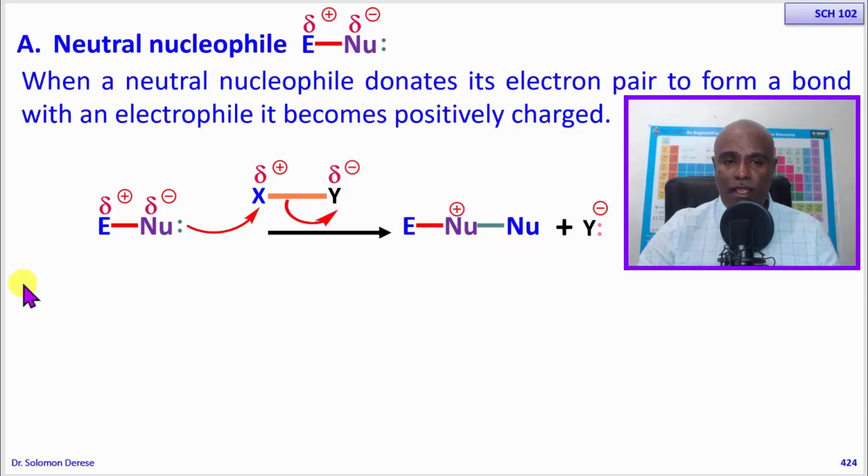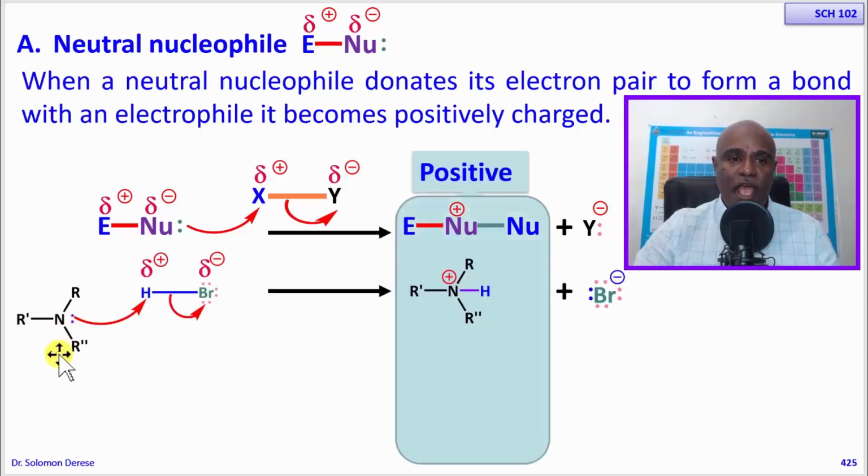Let me give you an example. This is an amine. This amine has got 3 bonds, giving it 6 electrons. Together with the lone pair of electrons, it has got 8 electrons. As you can see, these electrons are the belongings of the amine.